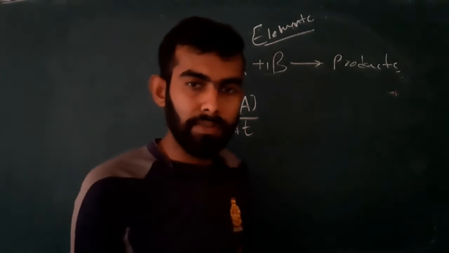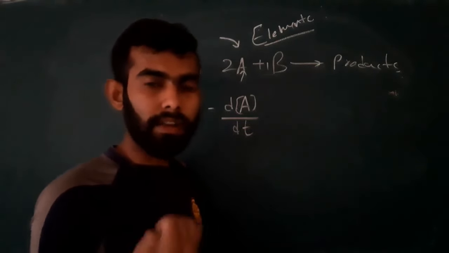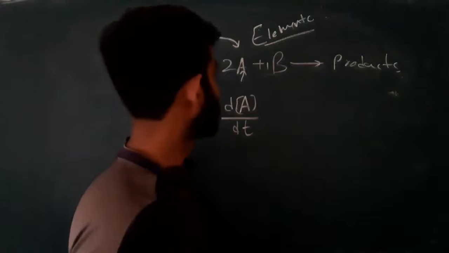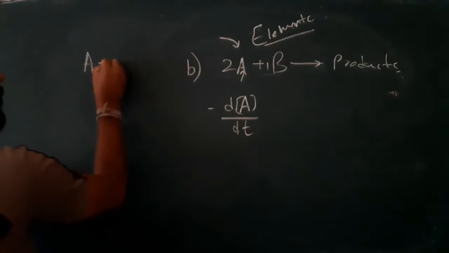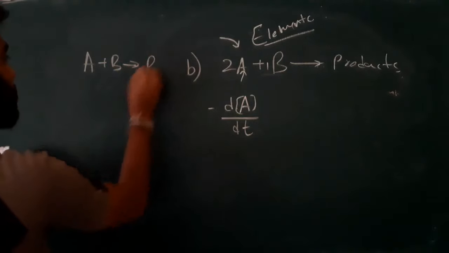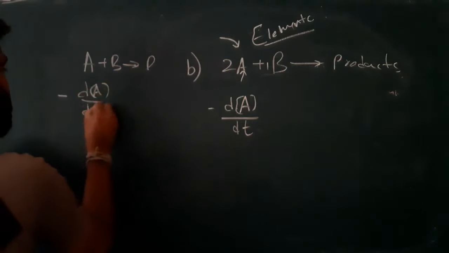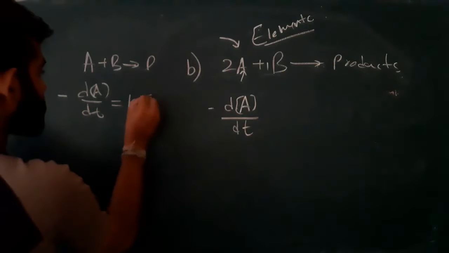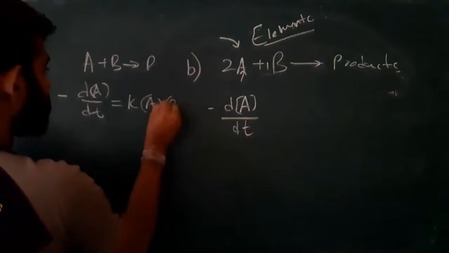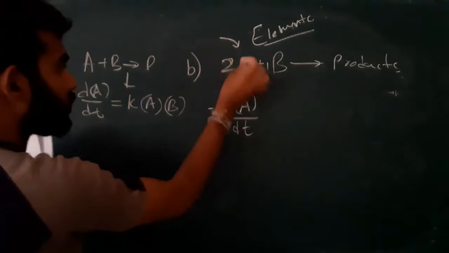However, in this situation we have to care about one thing. When we write down the rate, if the reaction is A plus B equals product, we can simply write dA over dt equals K, concentration of A, concentration of B. But here the stoichiometry is 2.